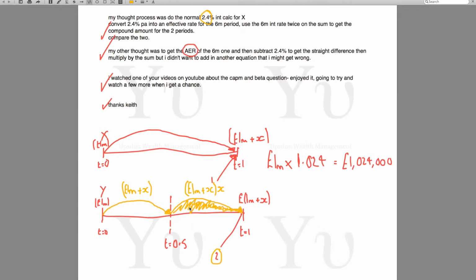So we're getting interest on interest in the second half of the year. Let's just work that through again. We've got 2 periods with Y as opposed to 1 period in X. So essentially, we have the same calculation for the X investment there, and then we have to uplift that amount by the interest charged in the second period.